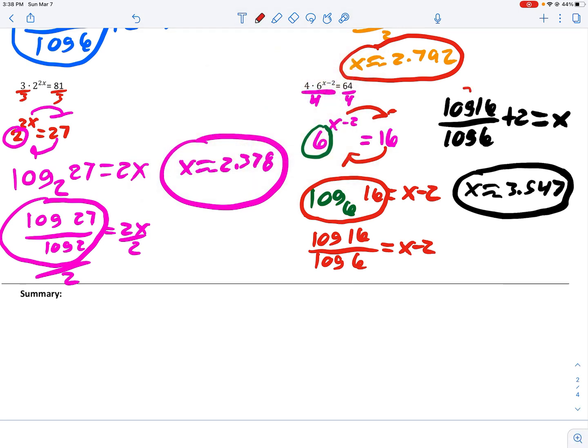So again, plug this part into the calculator, log of 16 divided by log of 6. Gives me a decimal, then I put plus 2, and I should get a number extremely close to about 3.547.